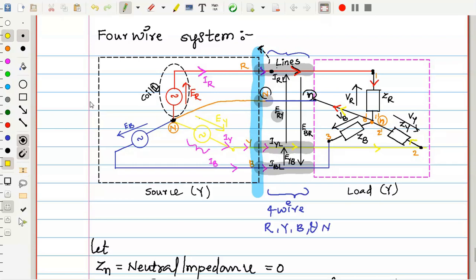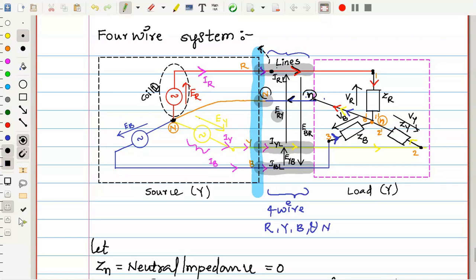Similarly, the B phase current is passing through the B phase source and to the load in this way, and it reaches the neutral. Then where does it go? After reaching the neutral, it goes through the neutral wire. This entire current we will refer to as In, but the direction of this In is opposite to the line currents.